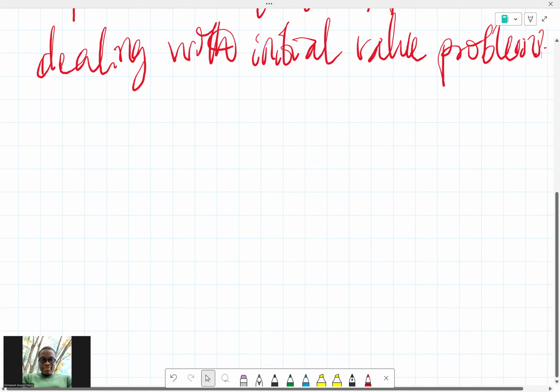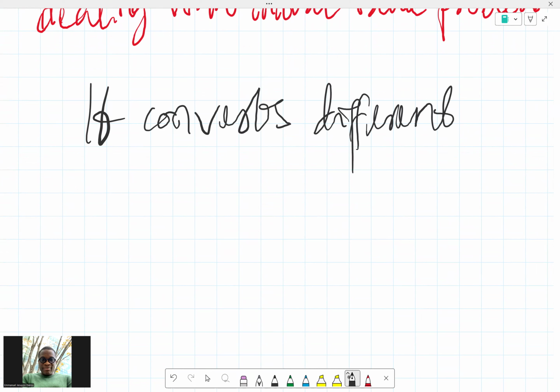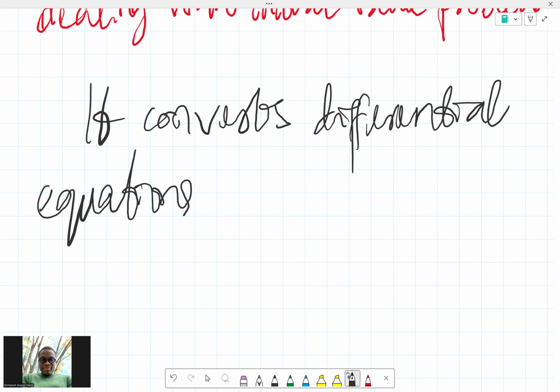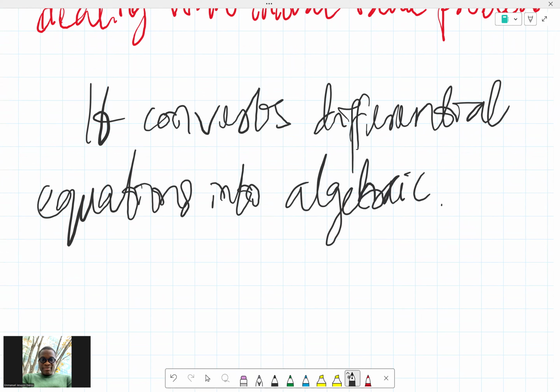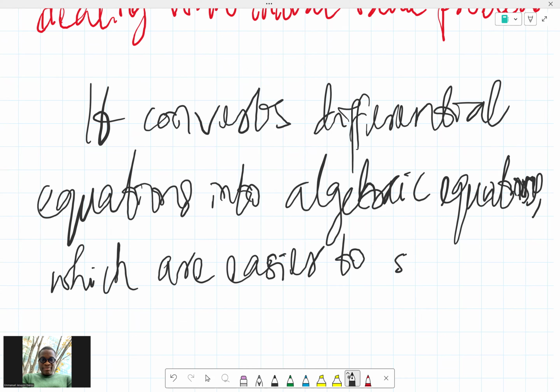It converts differential equations into algebraic equations, like we've always known, which are easier to solve.